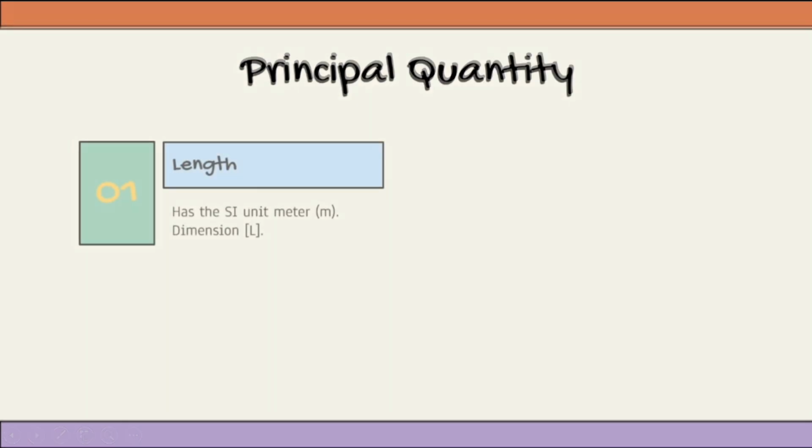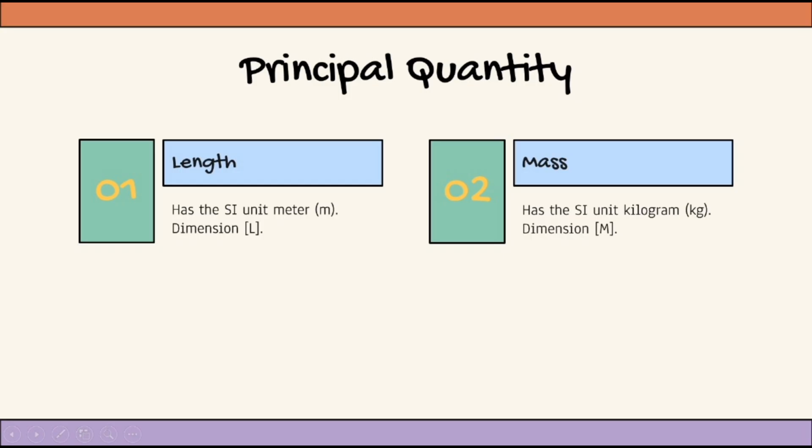The first is length. Length has the SI unit meter, and the dimension is capital letter L. The second is mass. Mass has the SI unit kilogram.